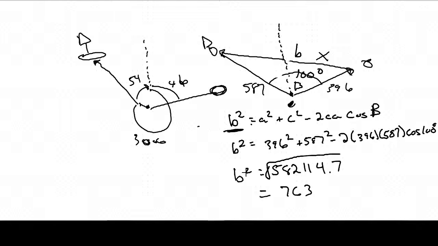I don't put a multiplication symbol between the number and the cosine. I just write the number, then cosine 100. And then at the end, I got that big number, and then I just took the square root of that number in order to find b. Oh, yeah, okay. I gotcha.